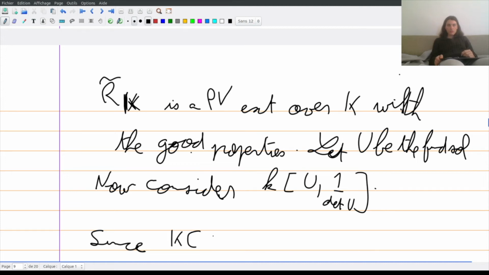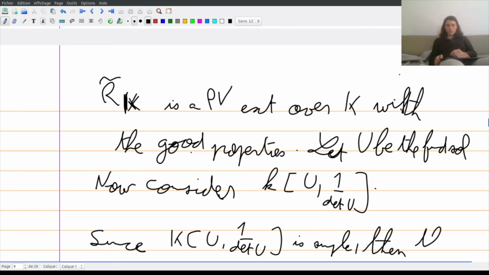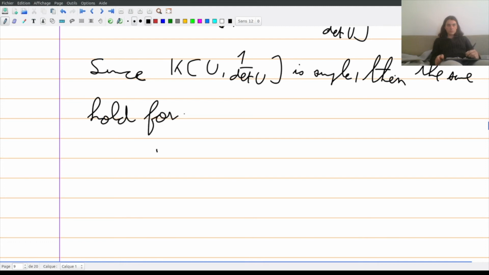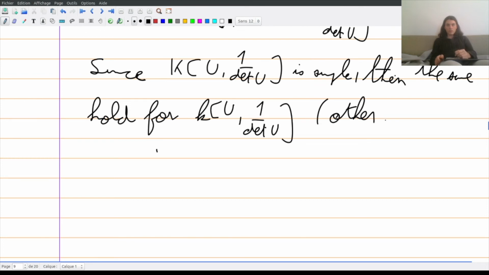Since if you take the thing over big K, since it's simple, then the same holds. Otherwise, you will find a non-trivial sigma ideal for the little ring.